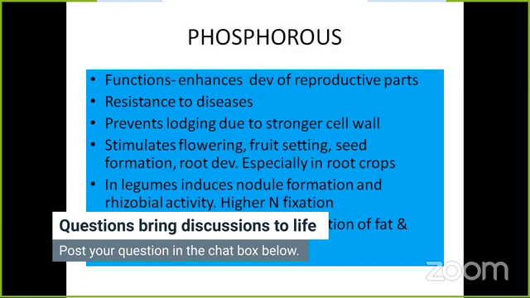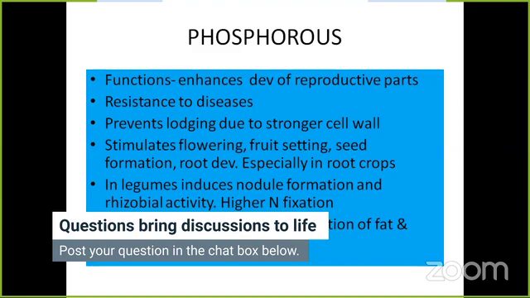What are the functions? It enhances development of reproductive parts. What are the reproductive parts in a plant? Basically the flower, androecium, gynoecium, all those things. So it enhances the development of reproductive parts. It also gives resistance from diseases.